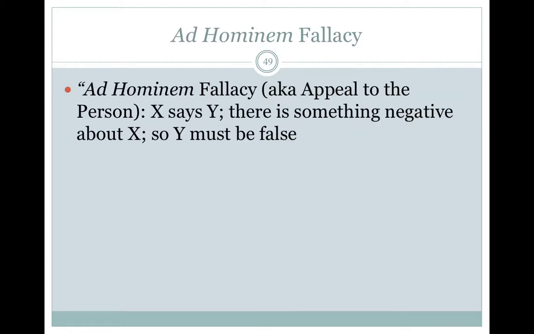An ad hominem fallacy means an attack or appeal to the person, an attack on the person as opposed to the person's argument. So here, this person made this argument. There's something negative about that person, so their argument must be bad. It's kind of the converse, if you think about it, of the argument from authority.